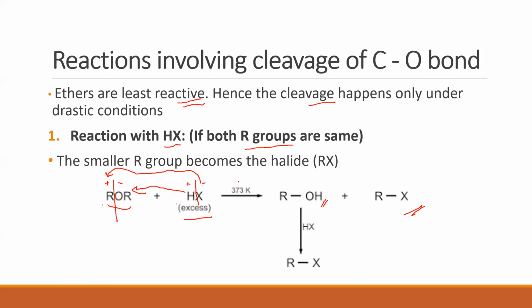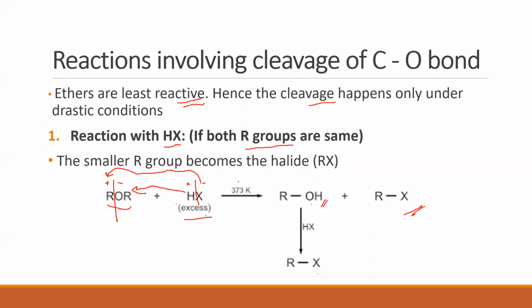If both the R groups are the same, then what do I get? I get an alcohol and the alkyl halide which have the same R group. Clear? And if I've taken HX in excess, the alcohol will not remain like that. It will in fact react with one more mole of HX to become what? To become RX. This was one of the methods of preparation of alkyl halides and one of the properties of alcohols. Remember, reaction of alcohol with hydrogen halide, where OH is taken away by H as water and X gets substituted in place of OH to become RX.